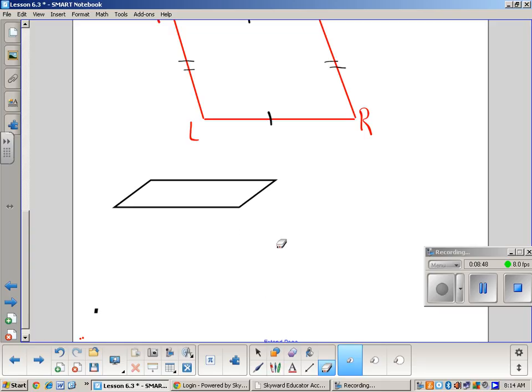So we have to be a little careful if we're building, and in a later chapter, I'll show you an easy way to make sure that your parallelogram is a rectangle. But right now, all you need to know is that if opposite sides of a four-sided figure are equal in length, then that proves I have a parallelogram. That's all it proves. Okay? And I agree a rectangle is a parallelogram, but not all parallelograms are rectangles. Okay? So be careful of that.